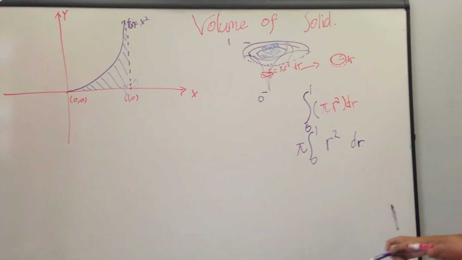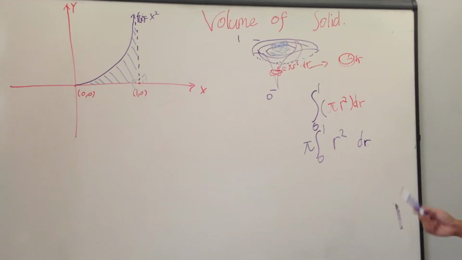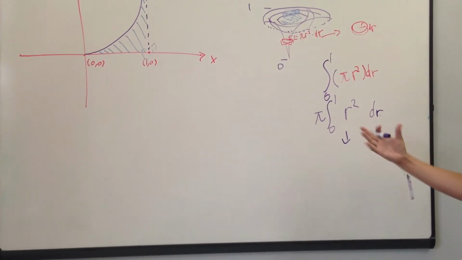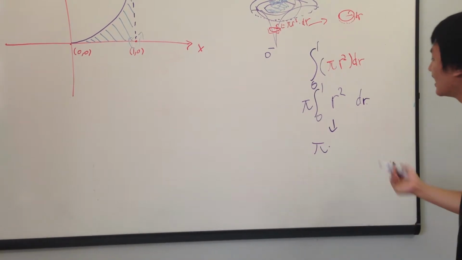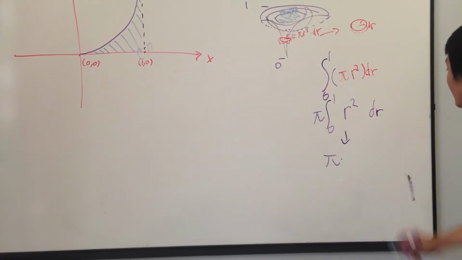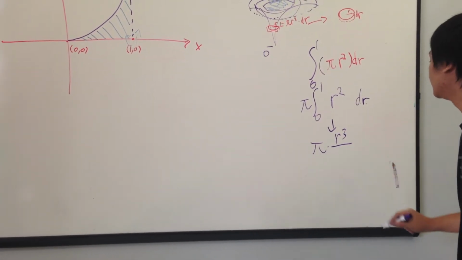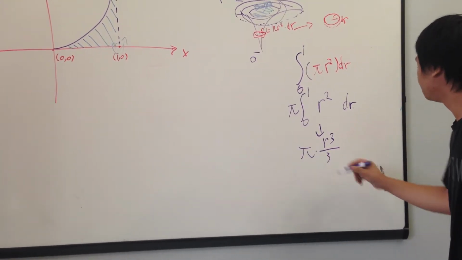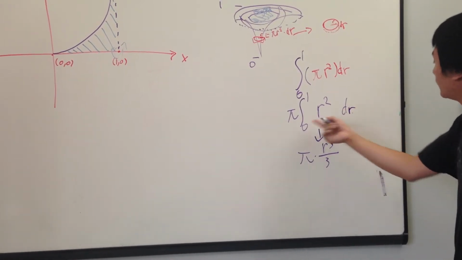So an integral of something with respect to its derivative is just its antiderivative. So what's the antiderivative of this? It's just going to be pi times, because pi is a constant, we don't change it if we take the antiderivative. What's the antiderivative of r squared? It's going to be r cubed over 3.